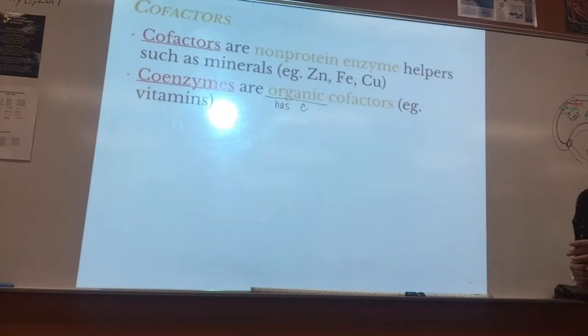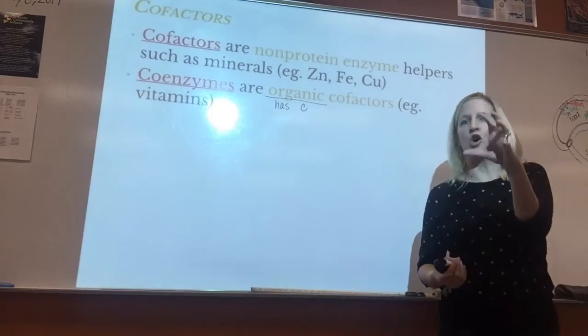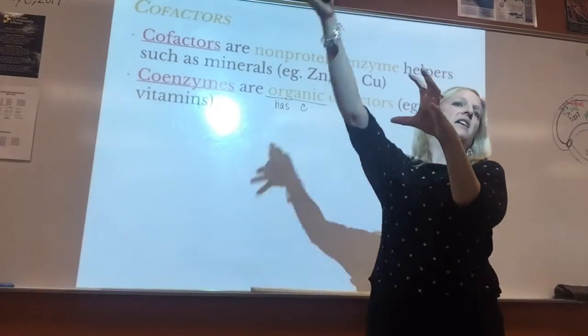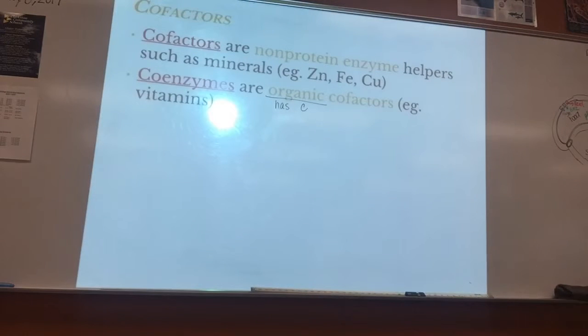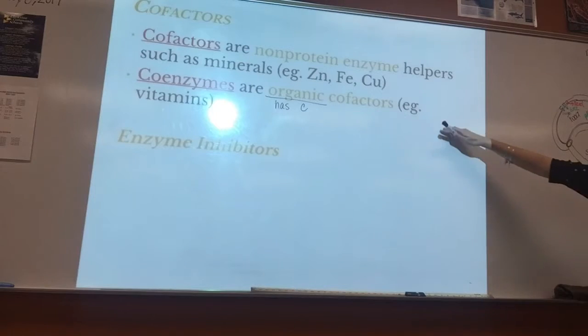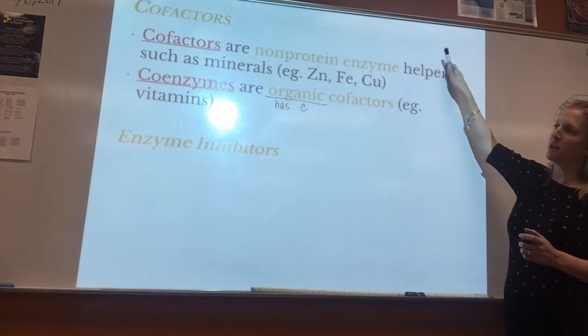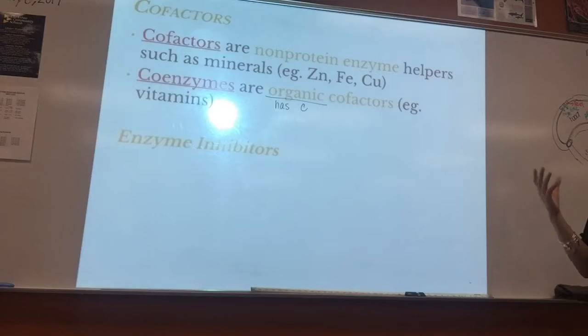So there might be some enzymes that won't work properly unless you have enough vitamin B12, let's say. Having these cofactors regulates whether the enzymes are going to work properly or not. These guys activate the enzymes and work together with the enzyme to make it work.